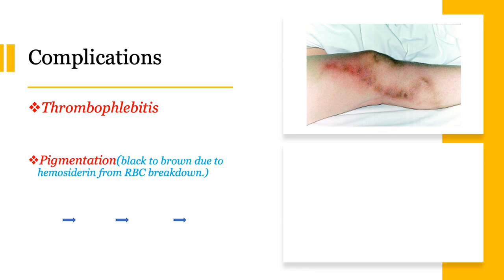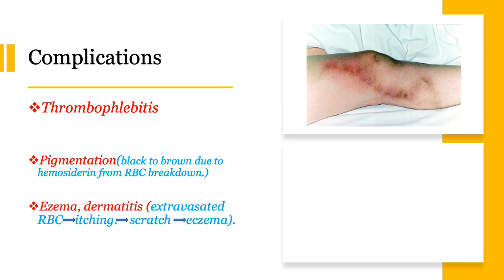Second, pigmentation, black to brown pigmentation due to hemosiderin from RBC breakdown. Eczema and skin dermatitis: extravasated RBCs lead to itching and scratching, and eczema will develop.